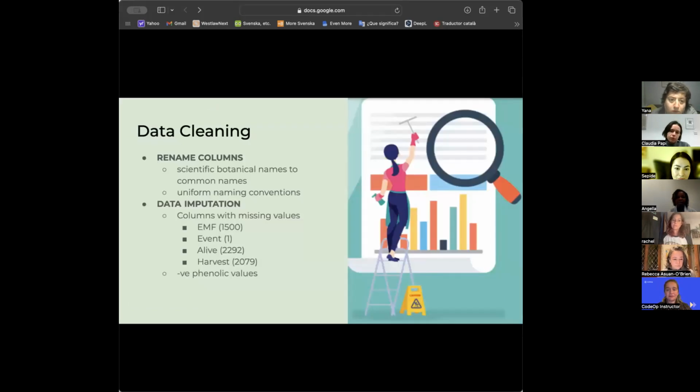So in coming to the machine learning and model building, we had to do a bit of data cleaning. And our study was very scientific in nature. So we had to rename part of the columns from the botanical names to English names like the white oak and the red oak, names that we could understand and relate with so that it's easier to understand and to pronounce.